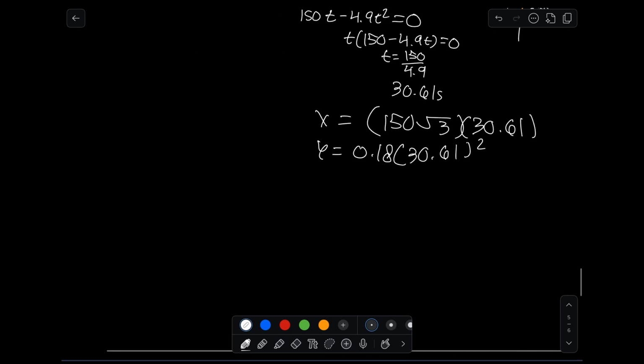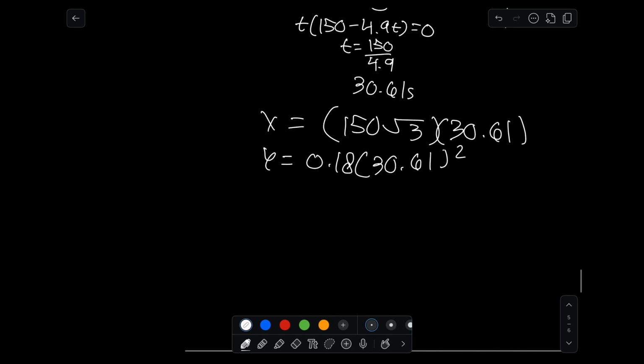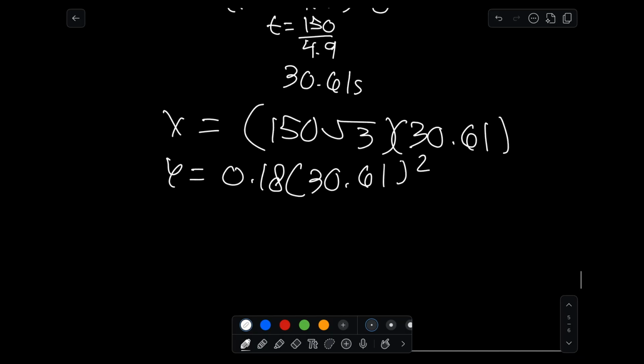In this case, what I got is 7,953 meters in the x, and then 168 meters in the y direction.